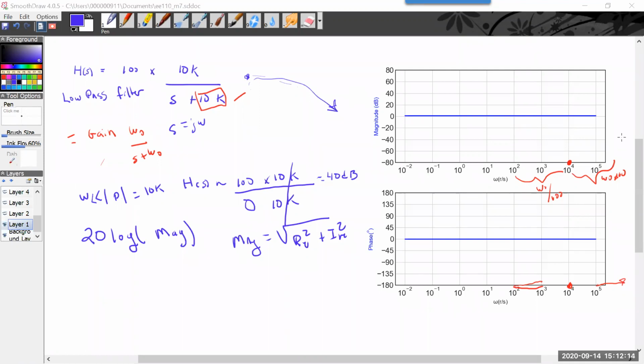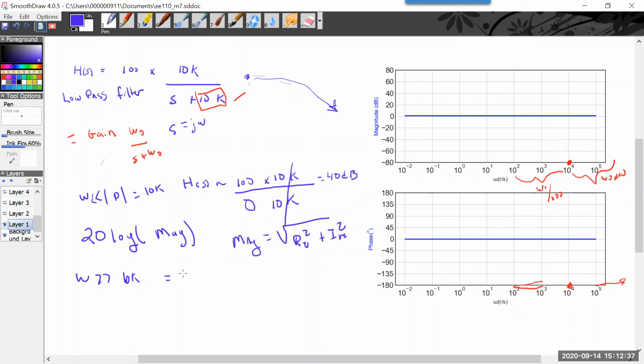Okay, so now for the magnitude, again, we really only need much below the pole and much above. So now let's do omega much greater than 10K, right?